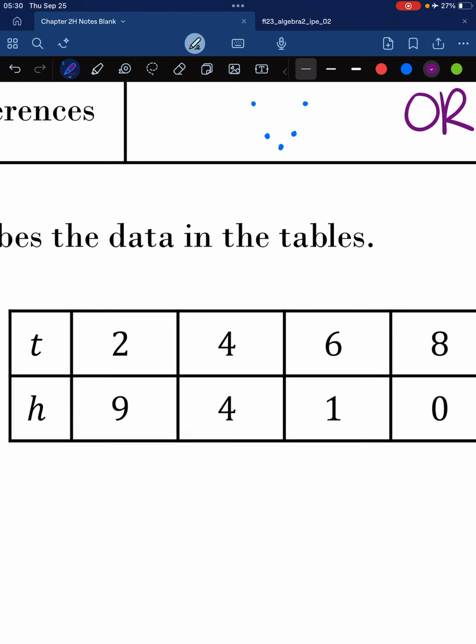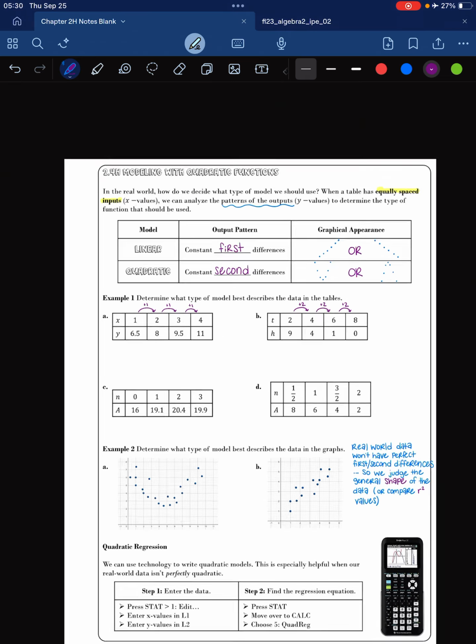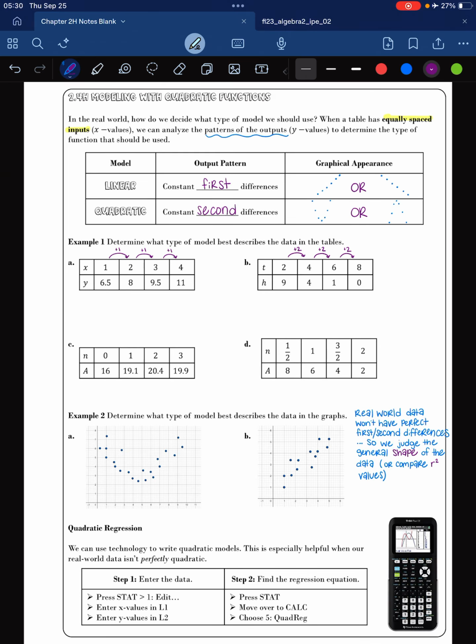We don't necessarily have to go up by 1. Looking at example B here, we're going up by 2 every time. But as long as that is constant, again, this really neat pattern forms. That pattern involves either the first or second differences of the data.